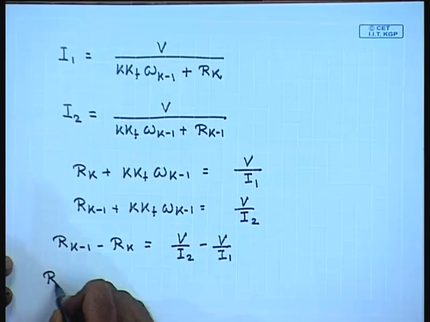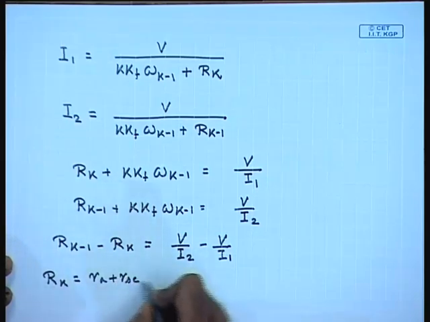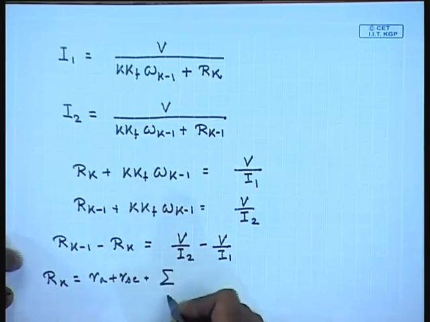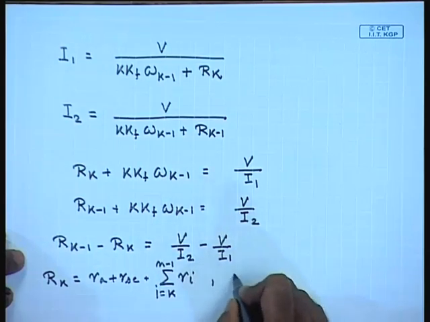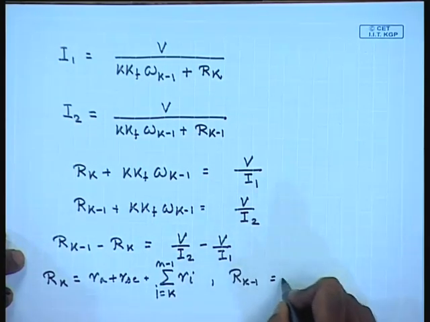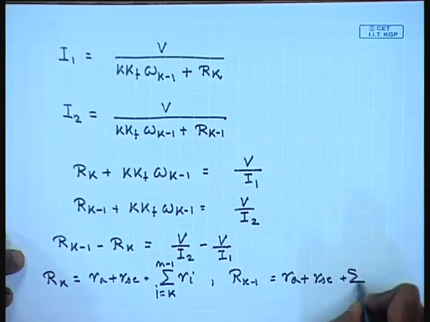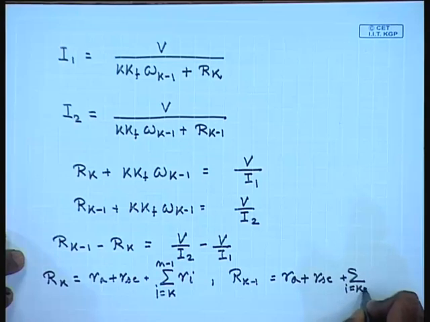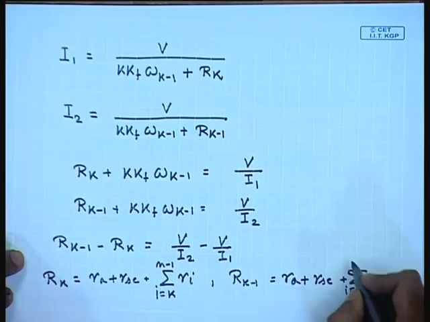Rk equal to Ra plus Rac plus sigma Ri, i equal to k to n minus 1, whereas R k minus 1 equal to Ra plus Rac plus sigma Ri, i equal to k minus 1 to n minus 1.